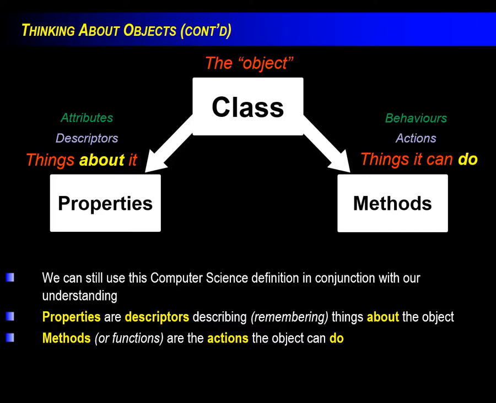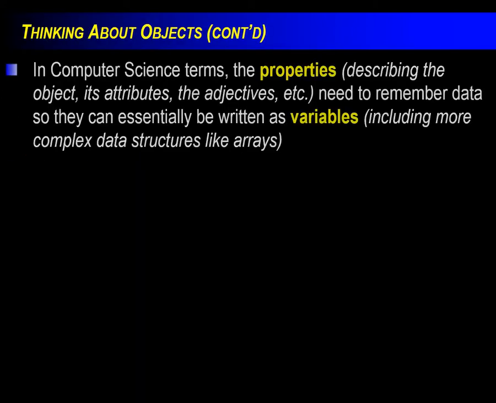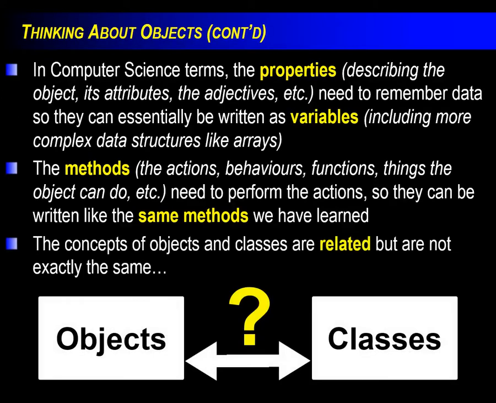What would this word be then? In English class, an action word is called a what? Verb, right, a verb. You got it. So another way you can think of these is nouns, adjectives, and verbs. Excellent. Okay, so now we've got to put this into computer science terms.